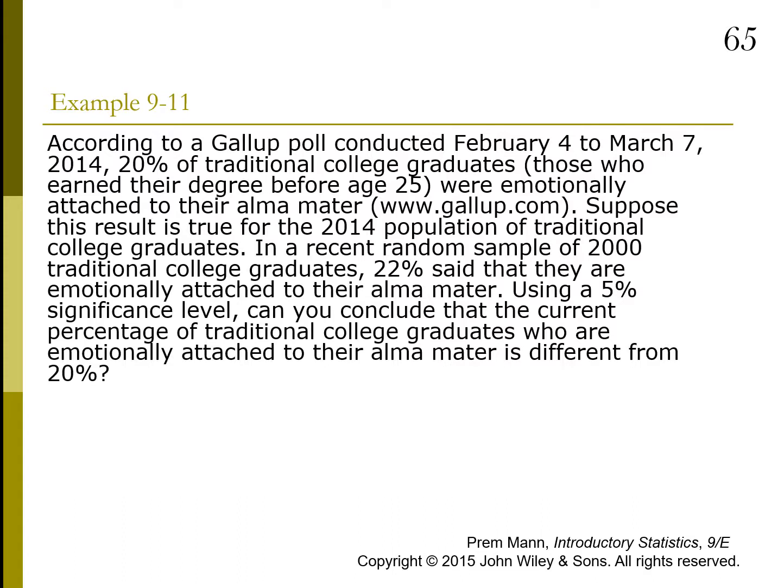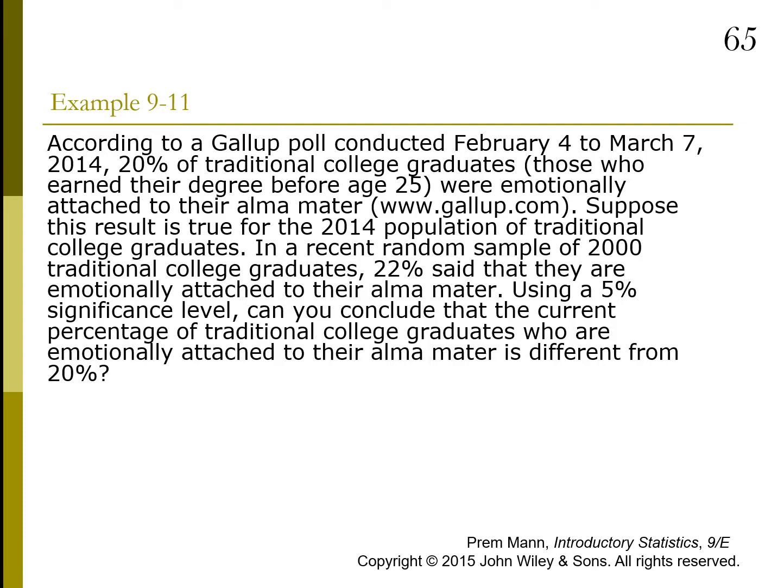Here's our problem that we're going to work with first. We have a Gallup poll of traditional college graduates, and traditional means those who earn their degree before age 25. The polls show that 20% of these were emotionally attached to their old university, where they graduated, their alma mater. Suppose this is a true result for this population, the 2014 population of traditional college graduates.